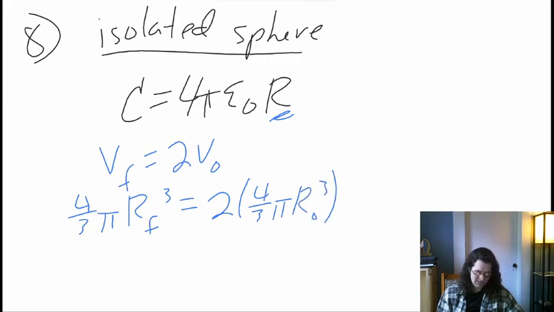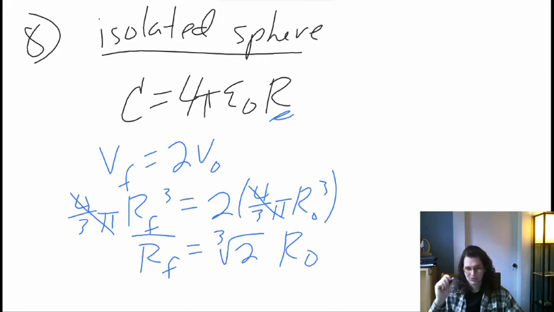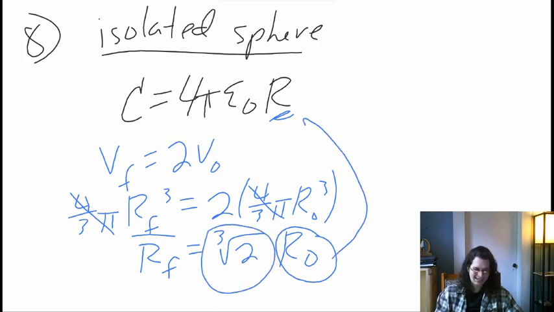Obviously my 4/3 pi cancels, but when I go to solve for my final radius, I'm going to have to take a cube root of both sides. And so I get that r final is equal to the cube root of 2 times whatever the initial radius is. So you take the radius that you're given in the problem, that'll give you your initial, you multiply it by the cube root of 2, and then you plug that in to find the capacitance.